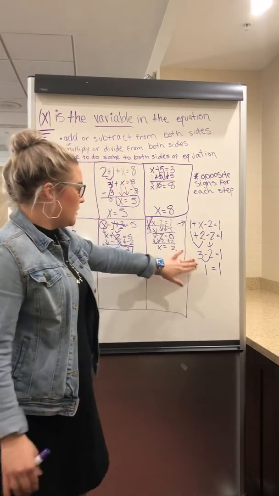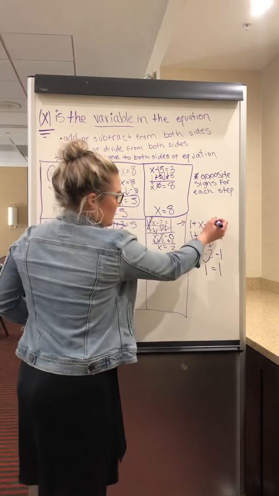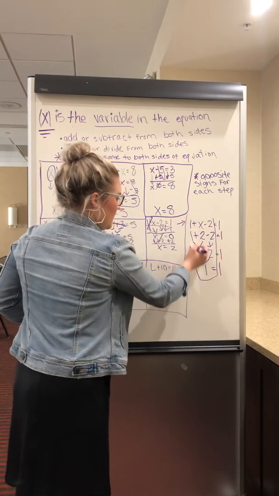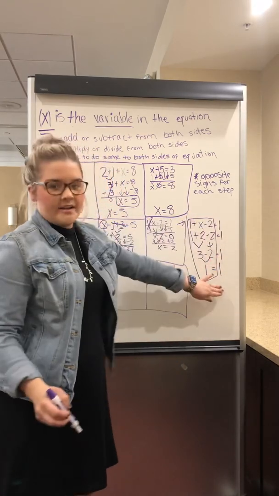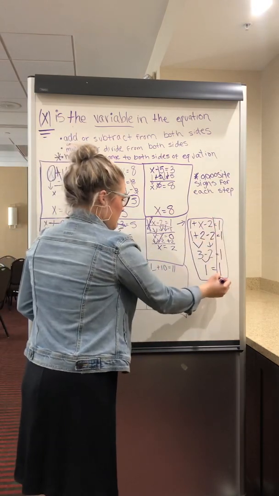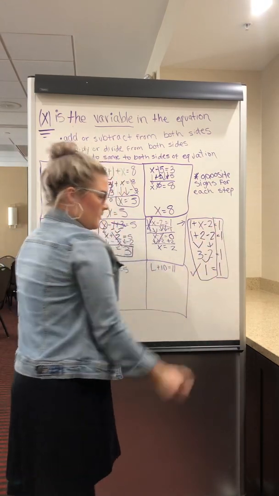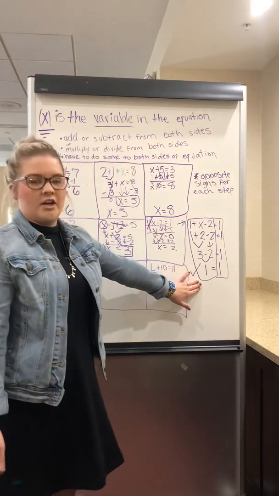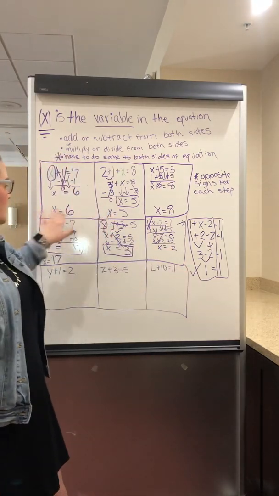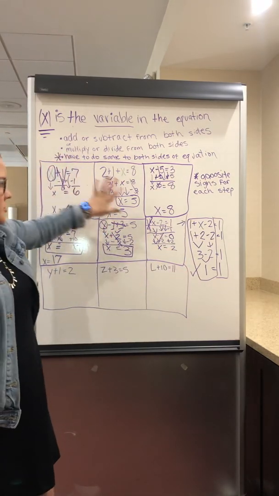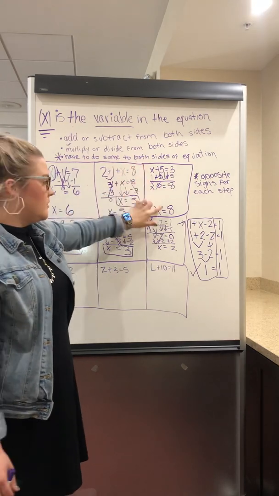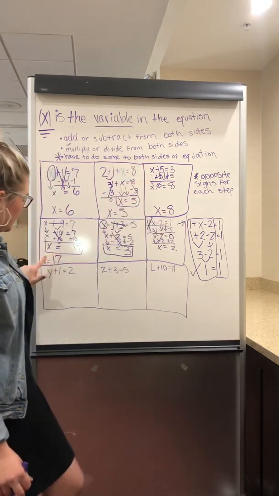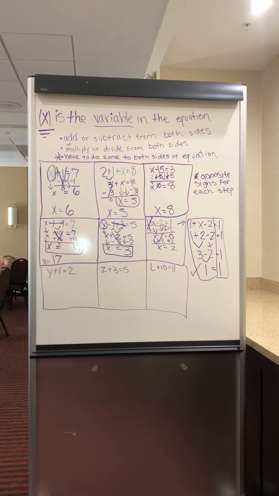So we have shown here that this side of the equation and this side of the equation are equivalent. That is how you check your answer. You're going to substitute your x's back into the equations as your variable so we can show that they're equal sides on the equation.